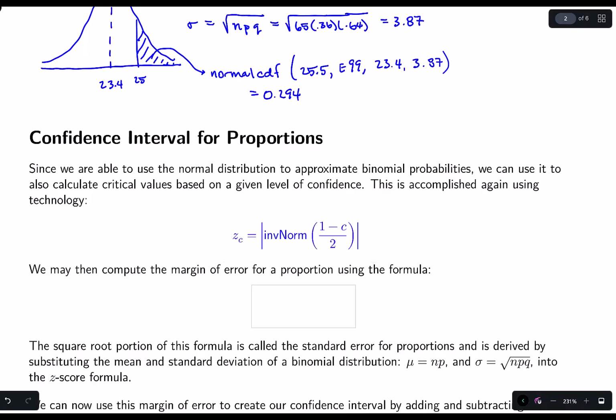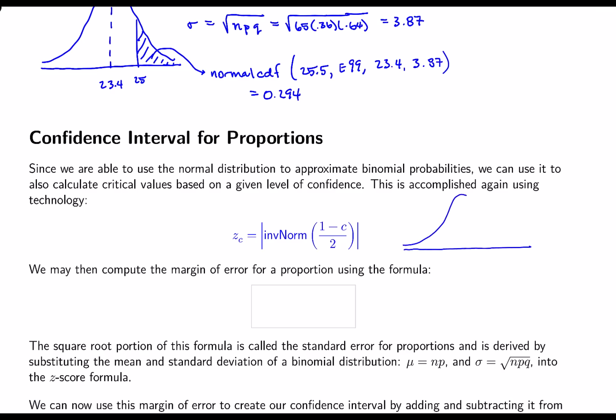We will declare some level of confidence, C, and then we'll balance that about the center, which would be a proportion now. And then that's where the 1 minus C divided by 2 comes in. That gives you the area in the lower end of the distribution. So same thing as before. We know our distribution can be approximated with the normal. We declare what we want the level of confidence to be, which is going to be balanced about the center of the distribution.